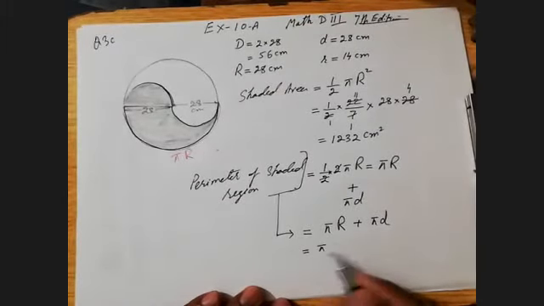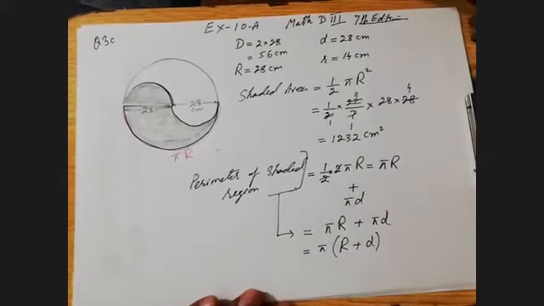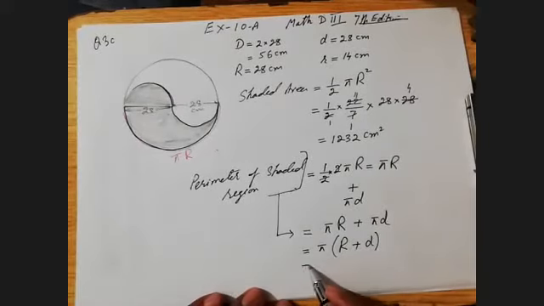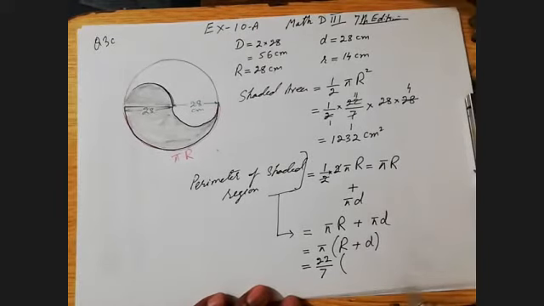Taking pi as common, R plus d. These are the ways I make my calculations simple, so that without the help of the calculator I can solve them easily, because this type of sum can be asked in P1. So you must be aware of how to make your calculations easy. 28 plus the diameter of the smaller is also 28.